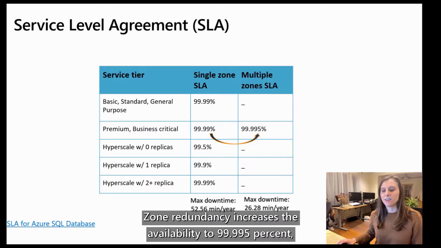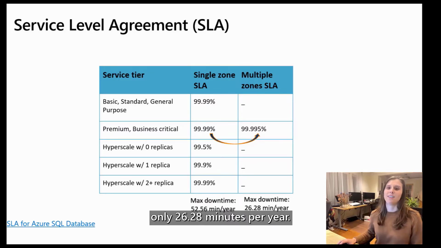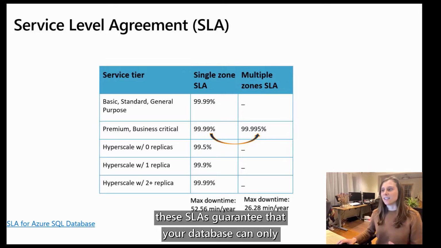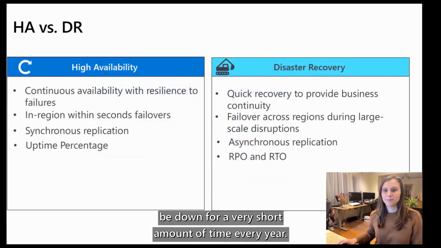Zone redundancy increases the availability to 99.995%, which means that there's a maximum downtime of only 26.28 minutes per year. So looking at those exact minutes, these SLAs guarantee that your database can only be down for a very short amount of time every year.